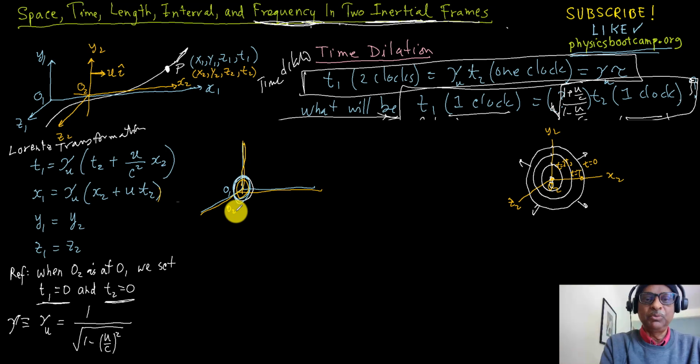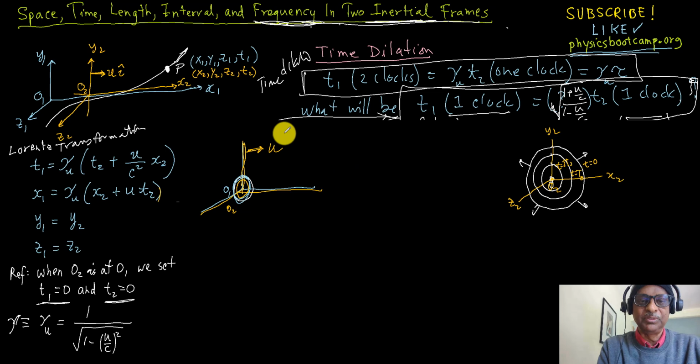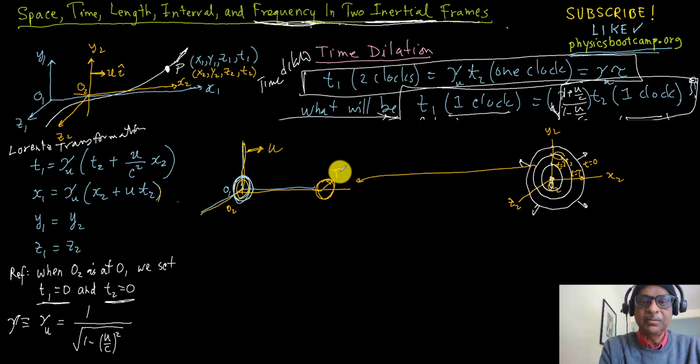This guy is going in the x direction with speed u. Now at some other time, this clock, which corresponds to when the wavefront gets emitted, is going to read t0, so t2 equals t0.